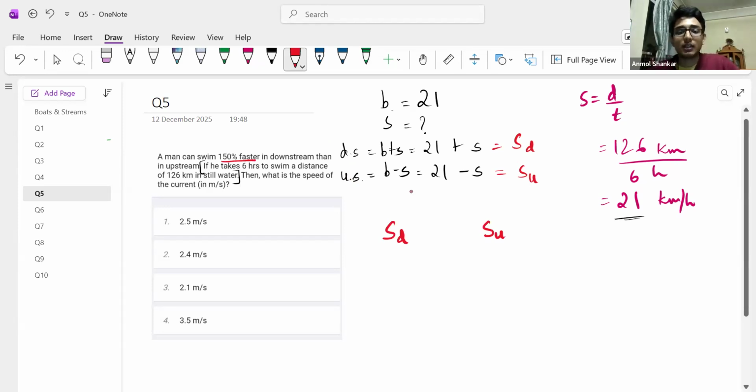How will we write that in an equation? So suppose it was man can swim 100% faster. அப்போ என்ன ஆகும்?